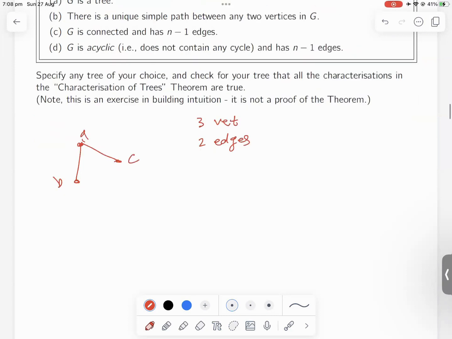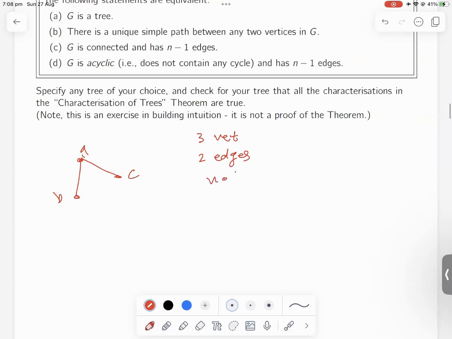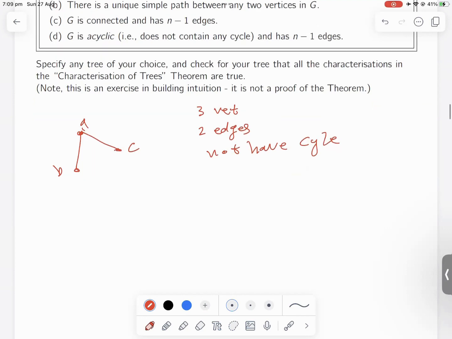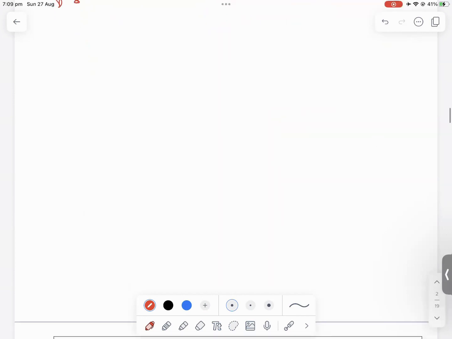Okay. And what else? It does not have a cycle. All right. So there are lots of other examples.